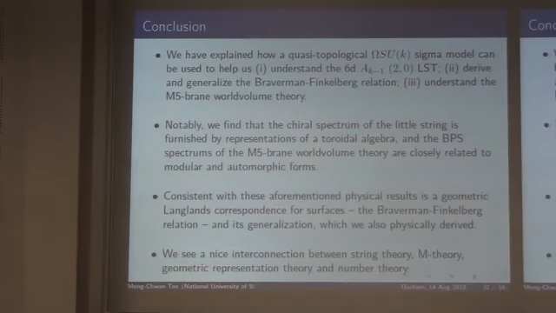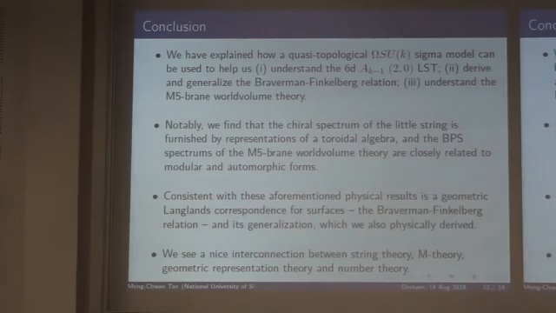Okay, so let me just conclude. I'm sorry for exceeding the time. We've explained how a quasi-topological loop group model can be used to help us understand the 6D little string theory, derive and generalize this Pandharipande-type relation, and understand the M5-brane world volume theory in terms of the BPS sectors at least. Notably, we find that the chiral spectrum of the little string is furnished by representations of the toroidal algebra, and the BPS spectrum of the M5-brane world volume theory is closely related to modular and automorphic forms.